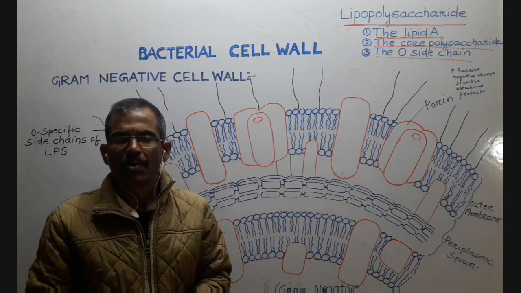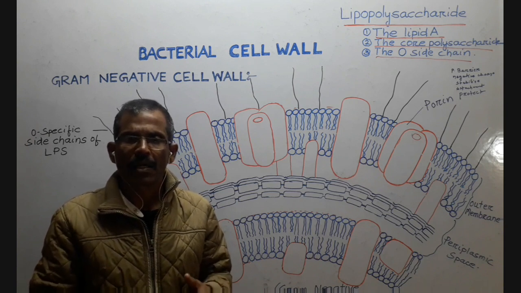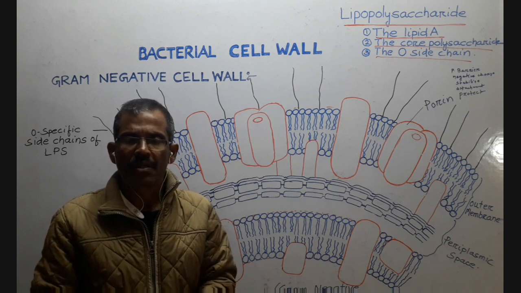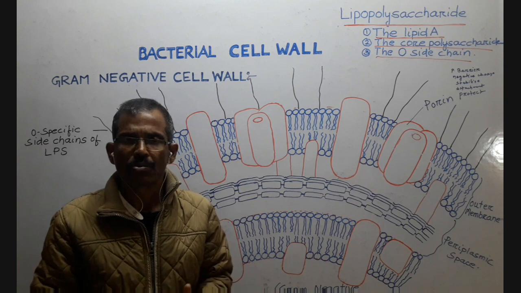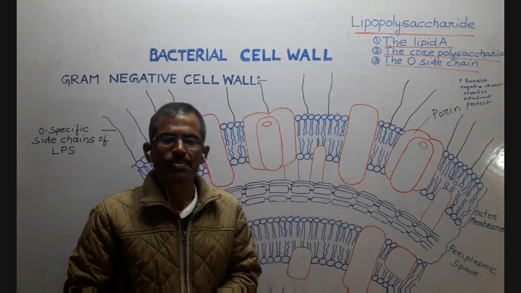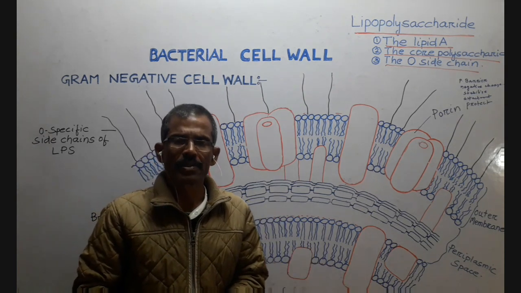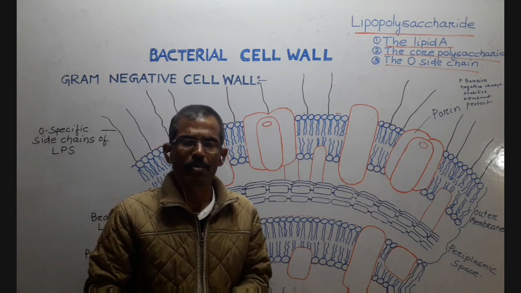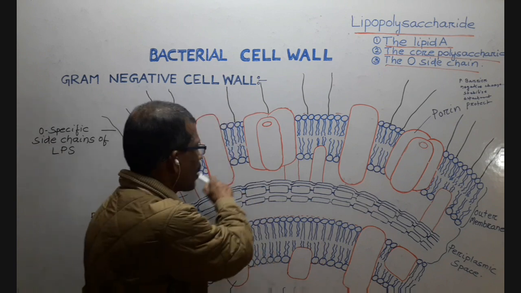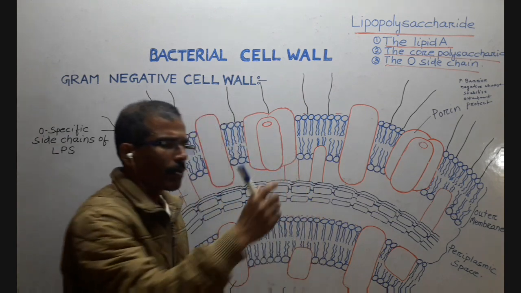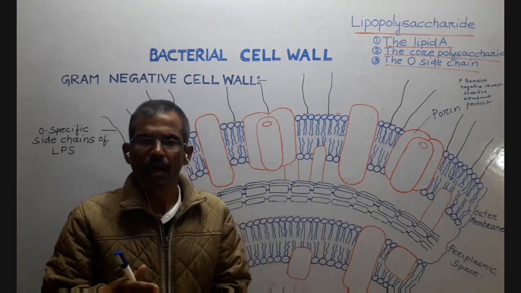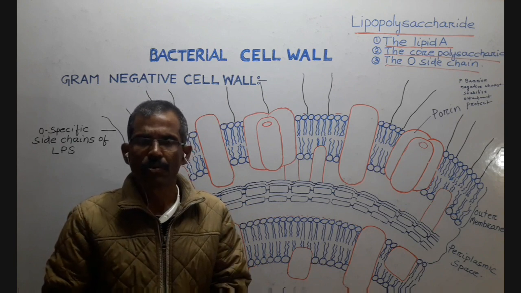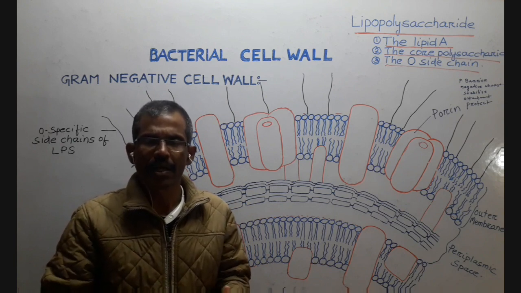However, some pathogenic gram-negative bacteria rapidly change their antigenic nature, thereby escaping the host immune system. Despite the role of lipopolysaccharide as a permeability barrier, the outer membrane is more permeable than the plasma membrane and allows the passage of glucose and other monosaccharides.